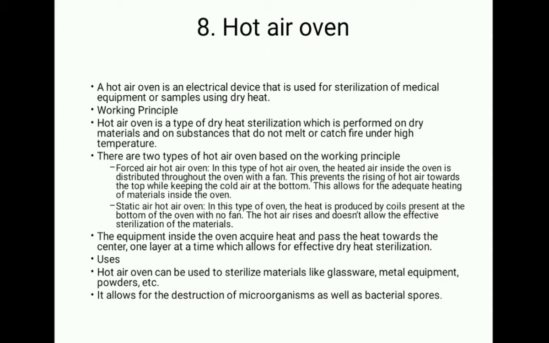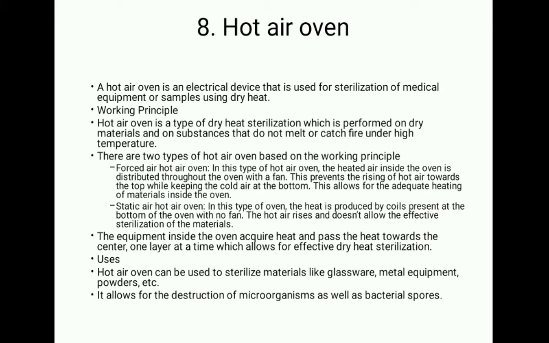In this type of oven, the heat is produced by coils present at the bottom of the oven with no fan. The hot air rises and does not allow the effective sterilization of the material. The equipment inside the oven acquires heat and passes the heat towards the center one layer at a time, which allows for an effective dry heat sterilization.